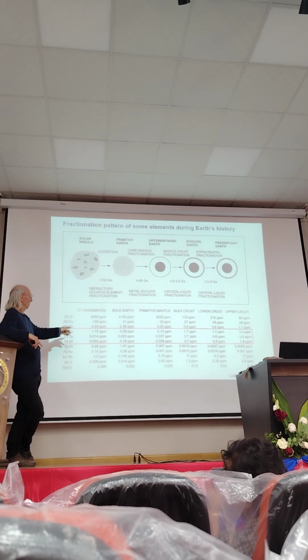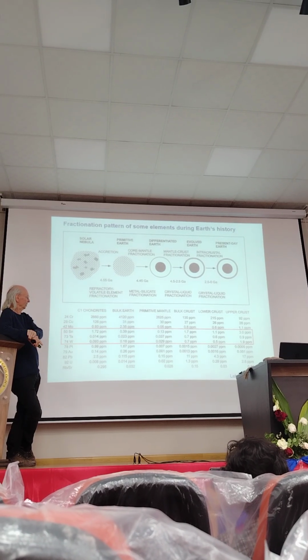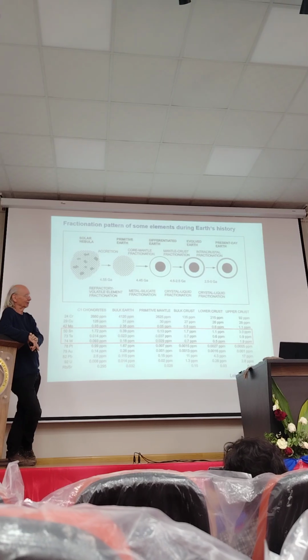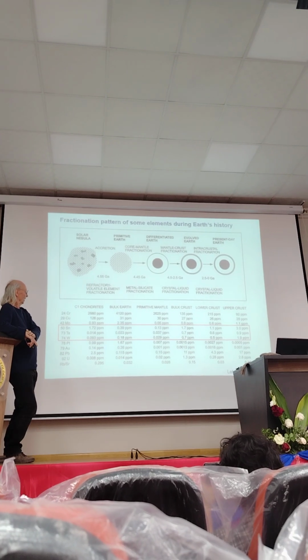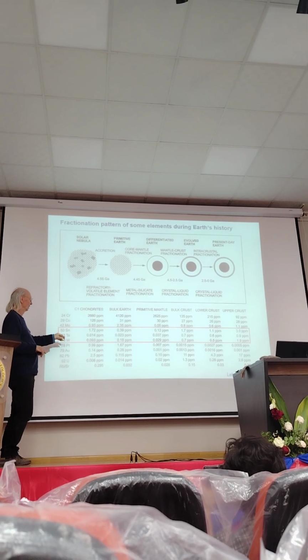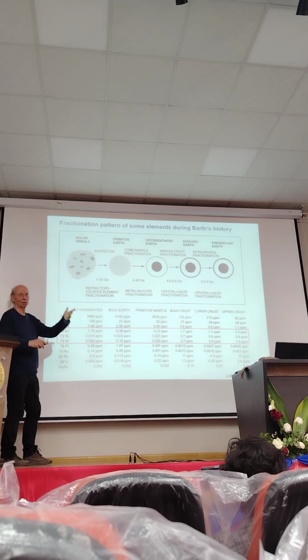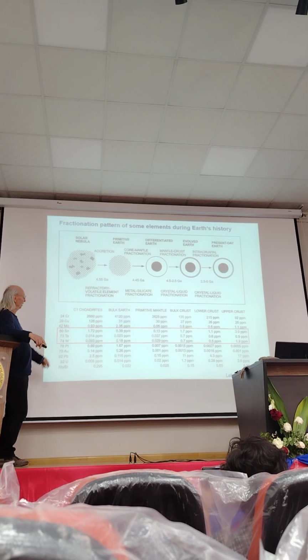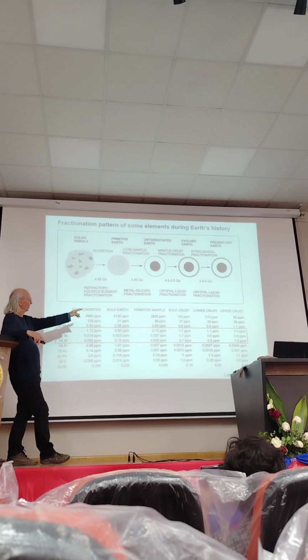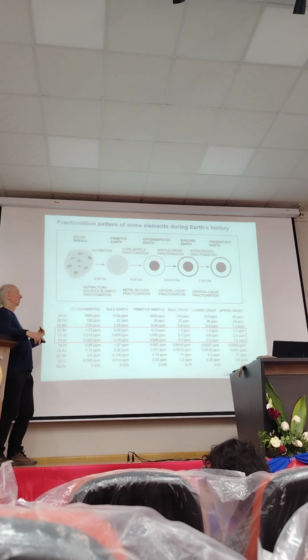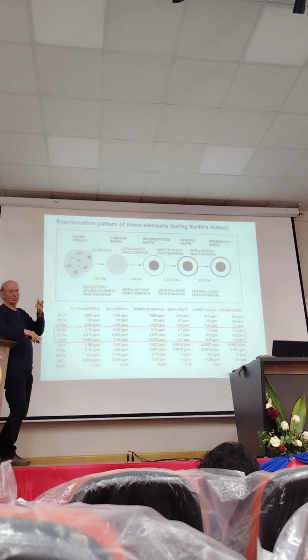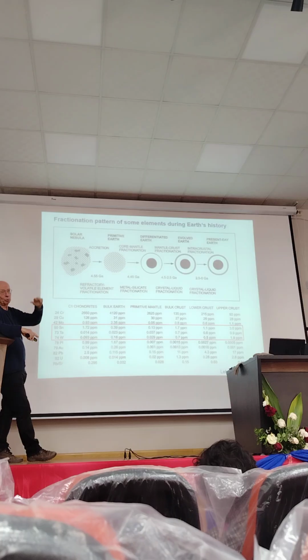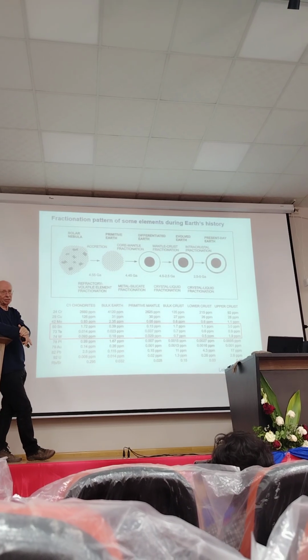And tungsten is the same. Tungsten is also highly refractory material, also slightly enriched in the bulk Earth compared to the starting material, which is a solar nebula, which has a chondritic composition.